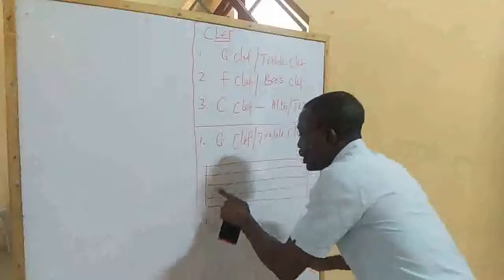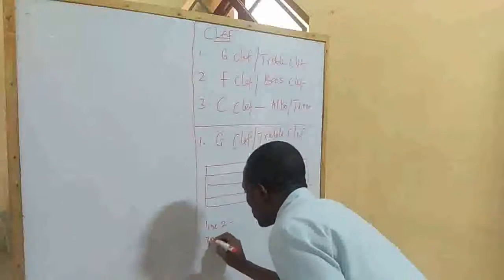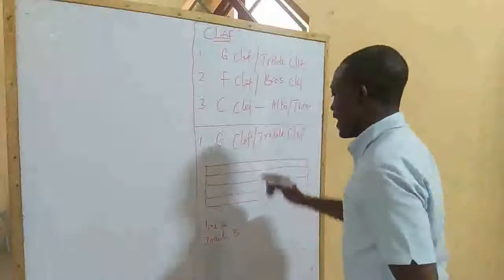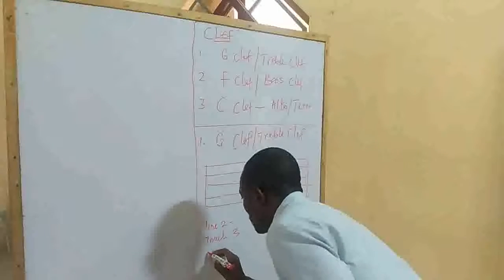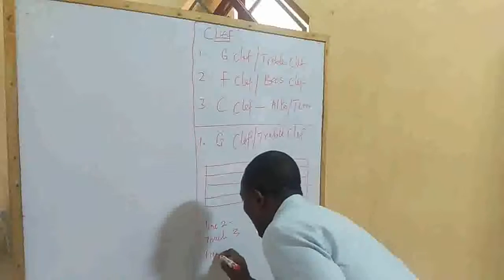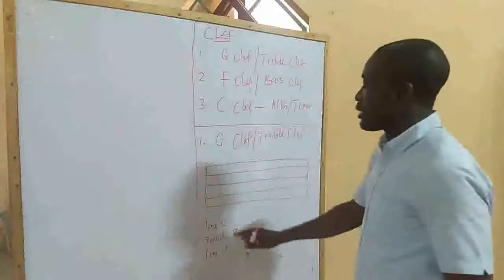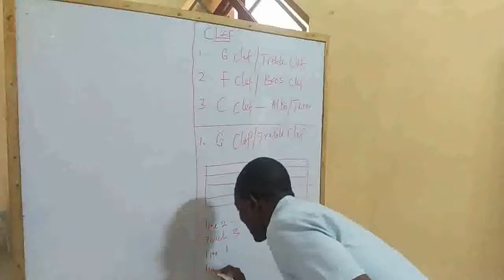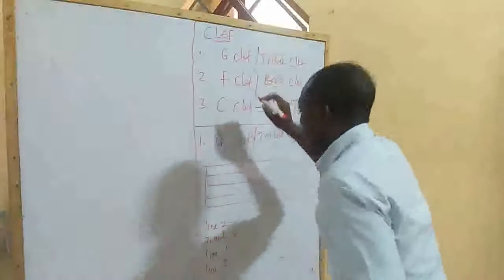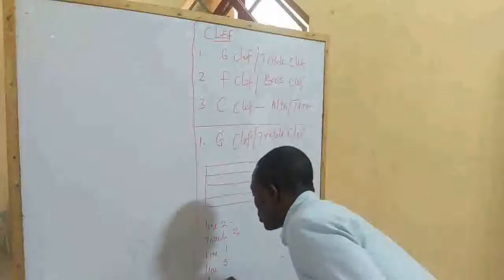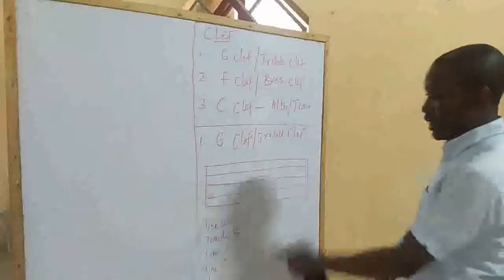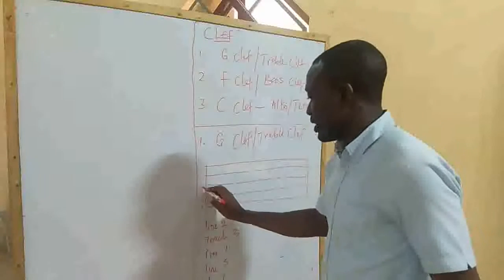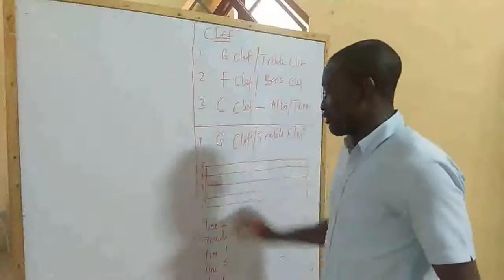From line 2, it will touch line 3. From line 3, it will come down to line 1. From line 1, it will go out of line 5 before you now come back. How do I mean? You are going to see what I mean. This is my line 1, line 2, line 3, line 4, and line 5.